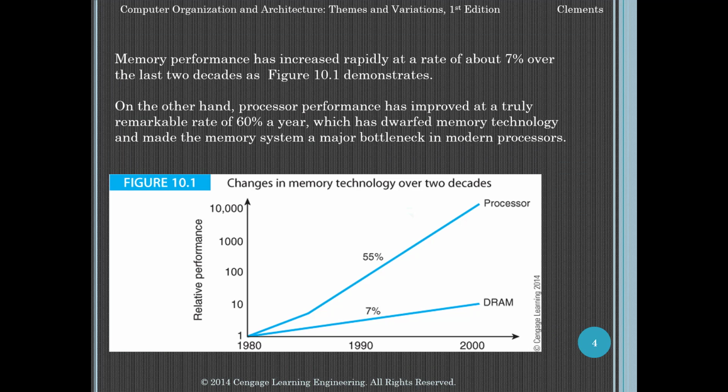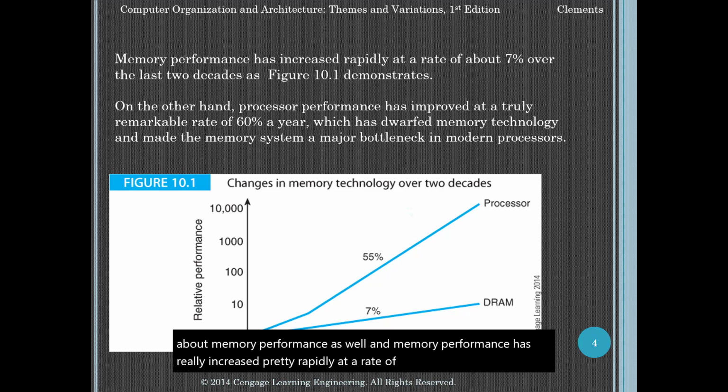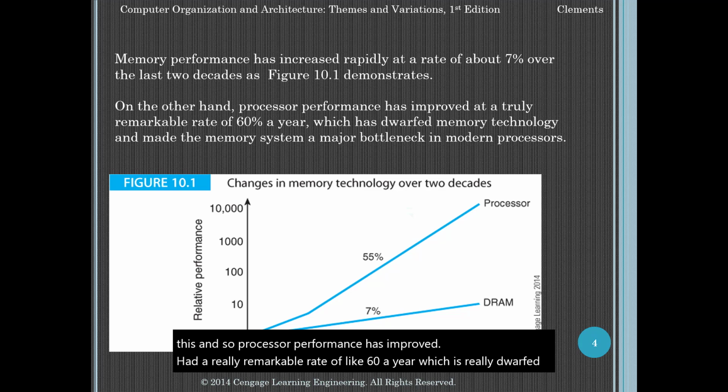Just like previously when we talked about performance, we can talk about memory performance as well. Memory performance has increased pretty slowly, at a rate of about 7% over the last couple of decades, and we can see that in our figure. Processor performance has improved at a really remarkable rate of about 60% a year, which has really dwarfed our memory performance.